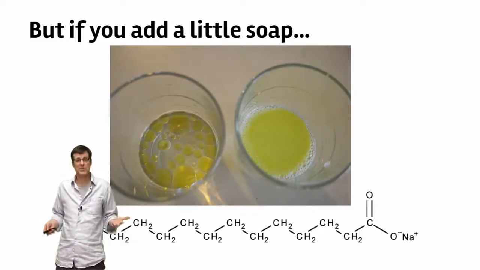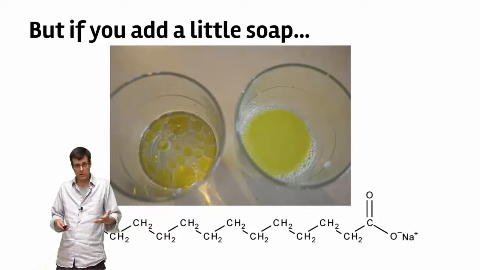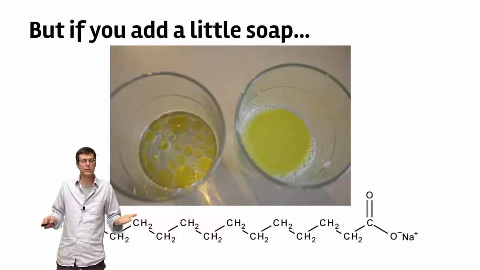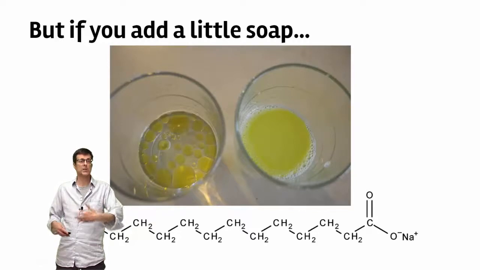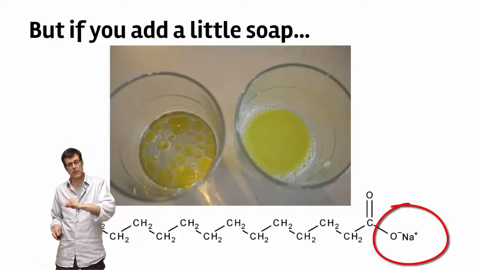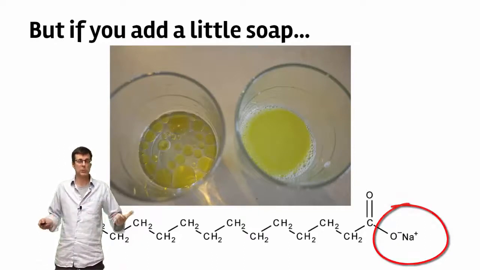Or you can get vegetable oil soap nowadays, but they'll take a fatty acid, a long molecule of oil like we had, and then mix it with something, potash or lye in some cases, and they will make that one end ionic. And an ionic compound mixes better with water.